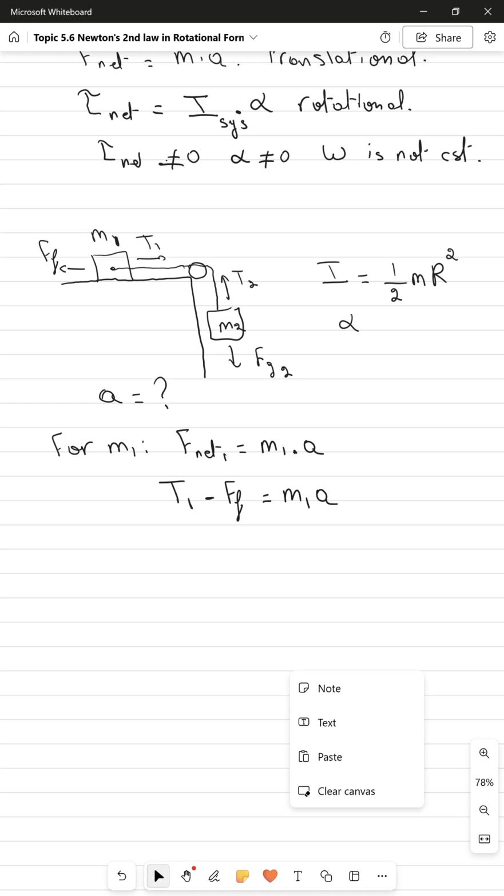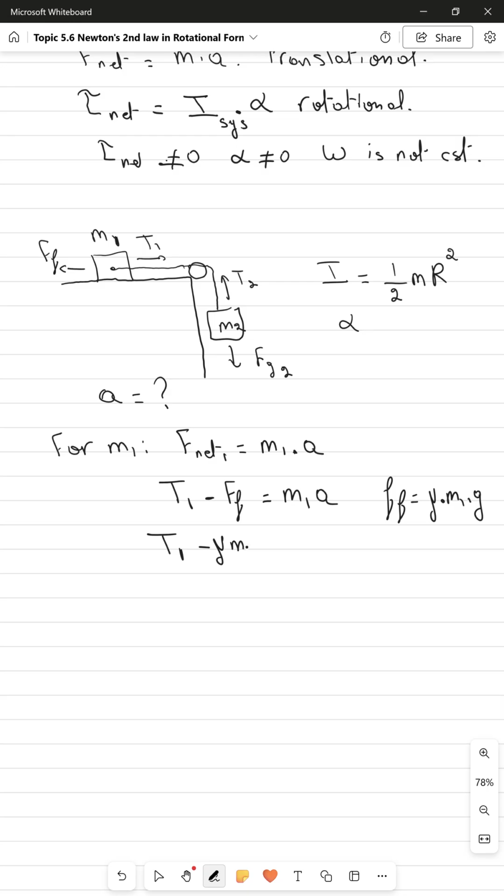And we know that the force of friction is going to be mu times m1 times g. We can replace it, so it will be T1 minus mu m1 g equal to m1 a. So that's going to be our first equation.